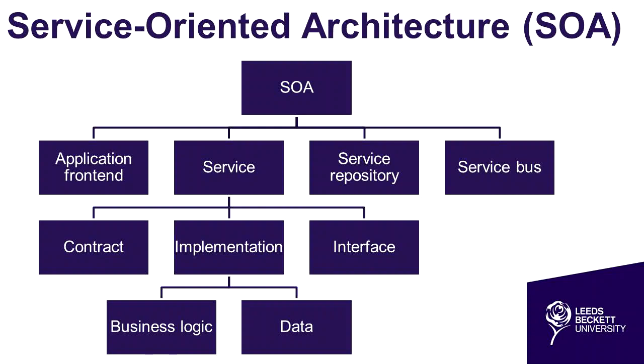So when multiple applications talk to each other over the service bus, they don't have to be bothered about what kind of application they're talking to, right? So it gives that level of flexibility. In that context, we use the word decoupling to describe this independence of each application that is communicating over the bus.